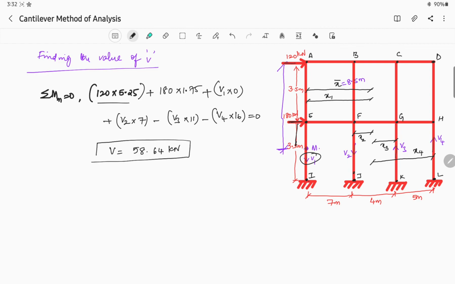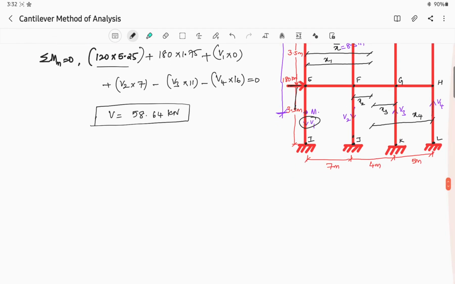V is equal to 58.64 kilonewton. So once we know the value of V, we'll take down the values of other V's also. That is, we know V1 is equal to V, which is equal to 58.64 kilonewton. Next we have V2, which is equal to 0.176 V. If you substitute the value of V, you will get 10.35 kilonewton, and we know that these two forces are going in downward direction.